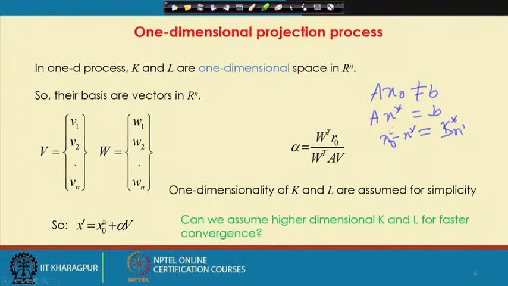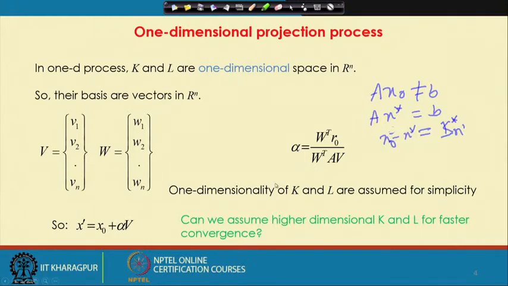So, how can we get a multidimensional space? What will be the basis vectors of a higher dimensional K, and also how can we update the iterations? If it is a single dimensional vector, this is alpha.